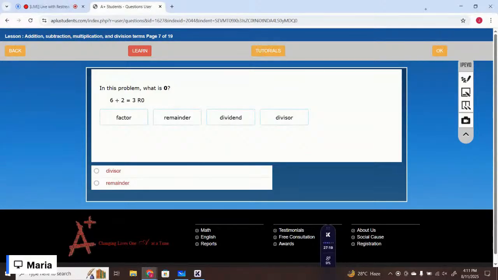In this problem, what is 0? 0 is the remainder.